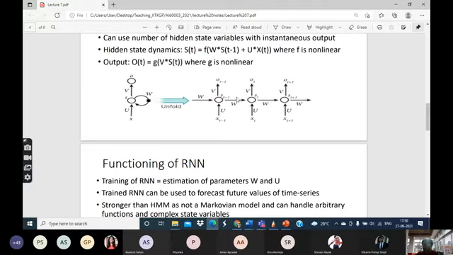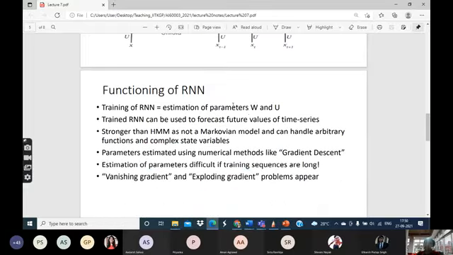Now, because it's a numerical method, if you keep on multiplying so many things, two things can happen. Either the numbers become very small and tend to 0, or the numbers become very large and tend towards infinity. Whatever software you are using for these calculations has a certain precision. It cannot represent numbers less than, let's say, 10 to the power minus 100 or more than 10 to the power 100.